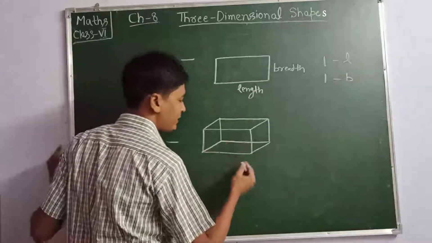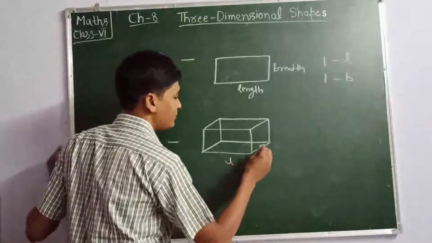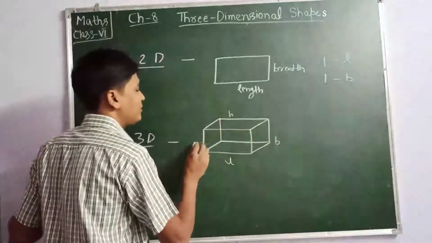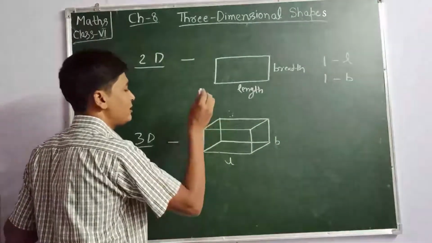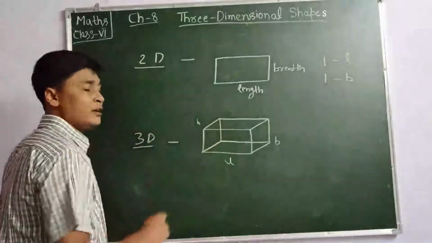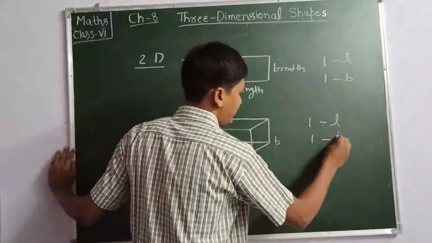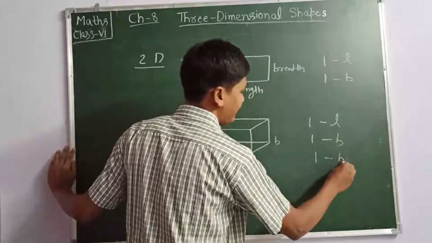Now it has three things: one is length, one is breadth, and one is height. So it has one length, one breadth, and one height.